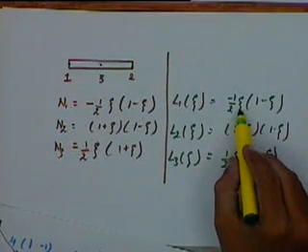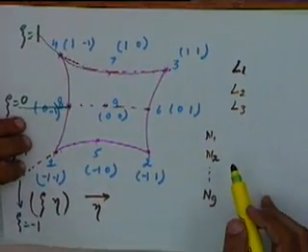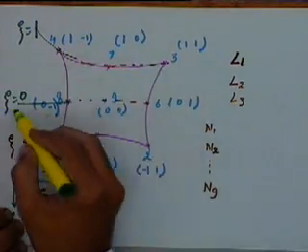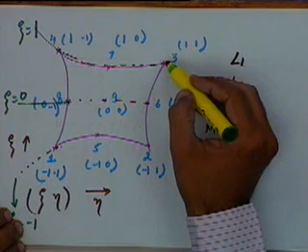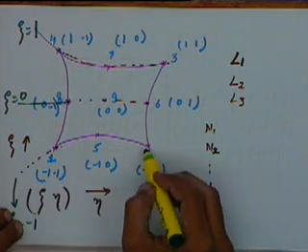L1 is 0 at zeta equal to 0 and zeta equal to plus 1, so L1 will be 0 at this line as well as at this line, while at this line L1 will be equal to plus 1.